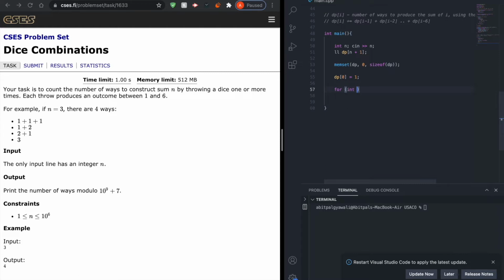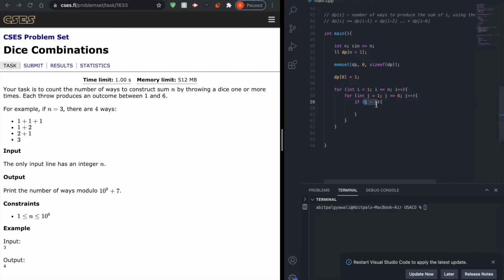So for int i equals 1 up to n, now we want for int j equals 1 up to 6, j plus plus, and we want to check if i minus j is greater than or equal to 0.